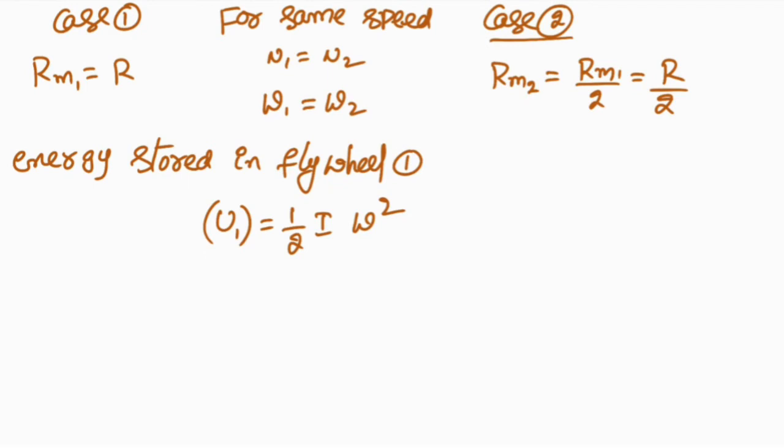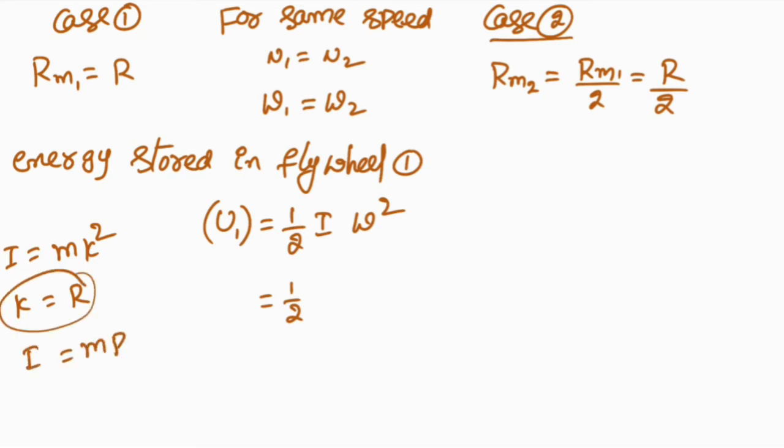Here I equal to what? m k square. Here k equal to d by 2 or r for rim type flywheel. Therefore I equal to what? Indirectly m r square. So u1 equal to half into m r square into omega square. That is the energy stored in the first flywheel.